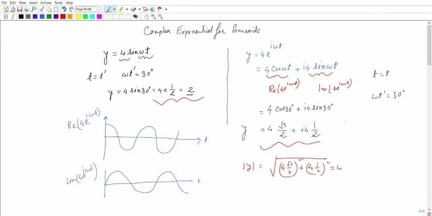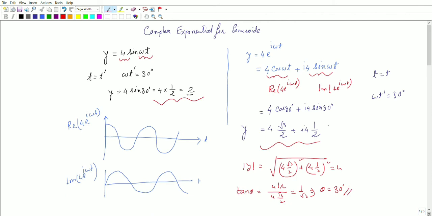We already know the phase is 30 degrees, but we can also obtain it using the argument of this complex number, tan theta, which is 4 by 2 divided by 4 root 3 by 2, that is 1 by root 3, so theta is equal to 30 degrees.